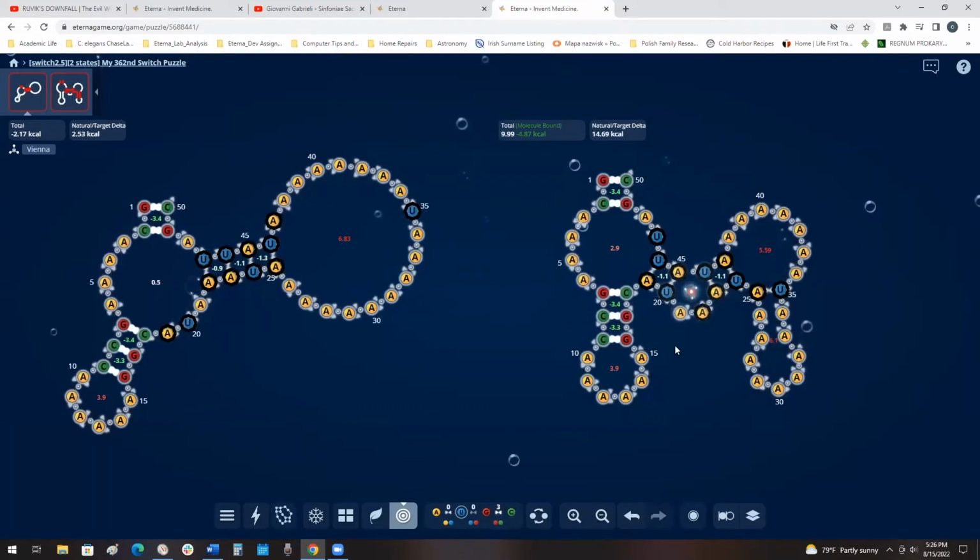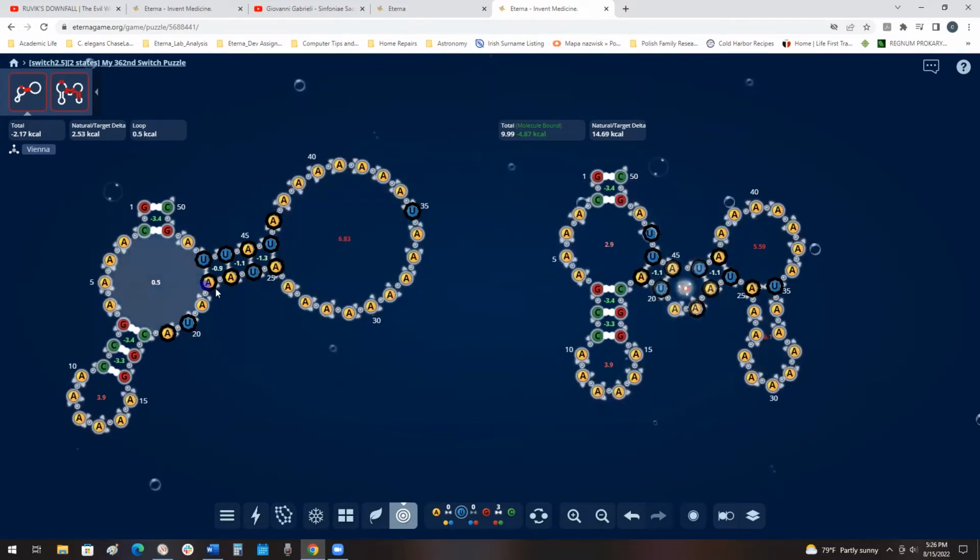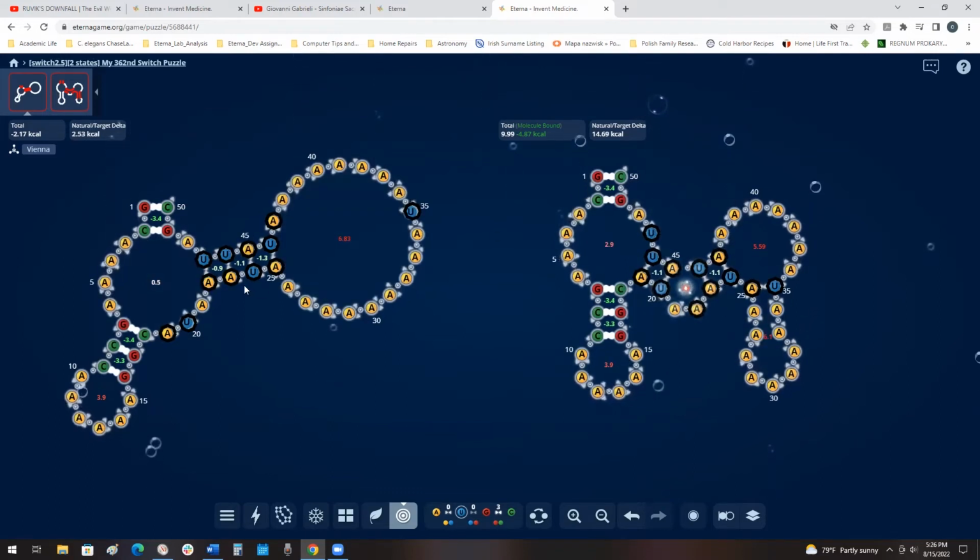So this type of decision making in terms of how we place pairs plays into how I make these choices when I'm solving a switch. And obviously I make them much quicker than I'm showing them here.